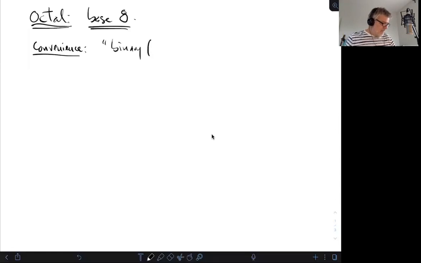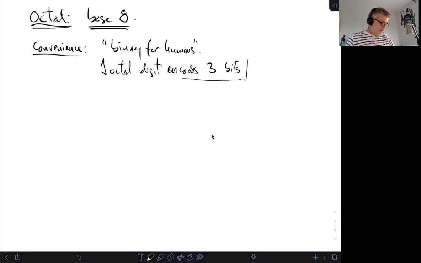So binary for humans, in a sense. We'll see that one octal digit is the equivalent of 3 bits. Okay, I'll get back to that. So one octal digit encodes exactly 3 bits. That's the key point, if you wish, for octal.